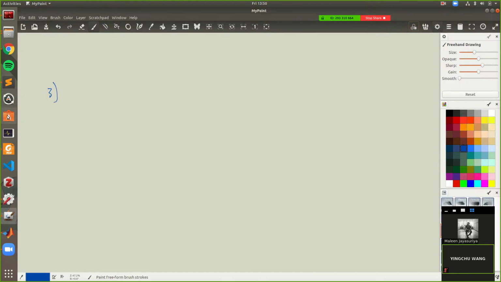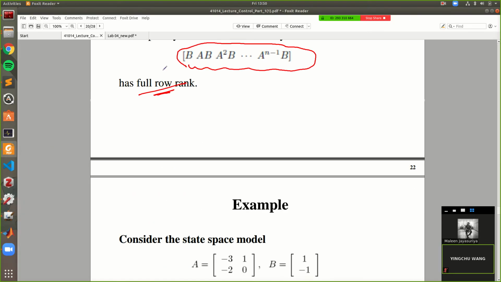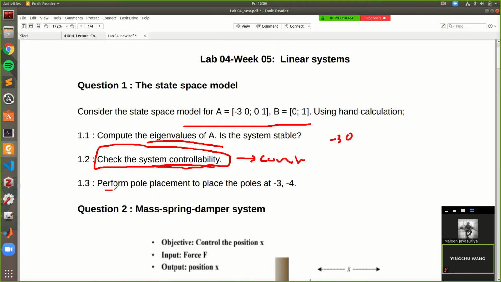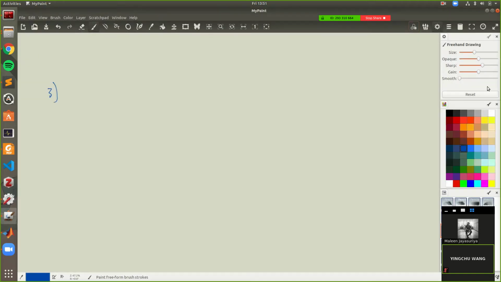Now we'll do question 3, which is the most important part: perform pole placement to place the poles at -3, -4. So what does that mean? Just to recap, we had an open loop system, but now we're going to create a closed loop system like this.